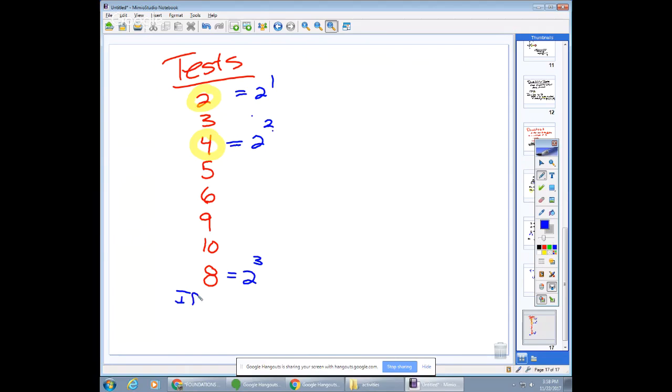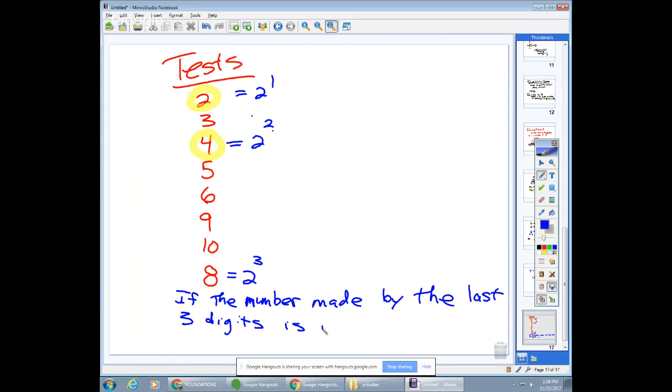So if the number made by the last 3 digits is a multiple of 8, then we're good.